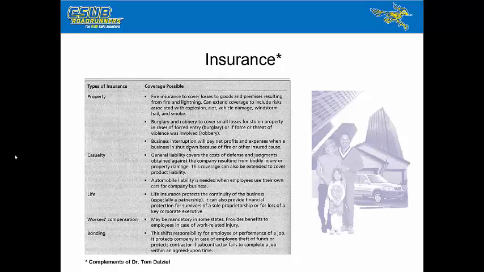Insurance. Just talking a little bit about different types of insurance, in particular property and casualty insurance. Life, workers' comp, bonding, sometimes important, but I think for most small businesses, understanding liability insurance and property insurance is particularly important.